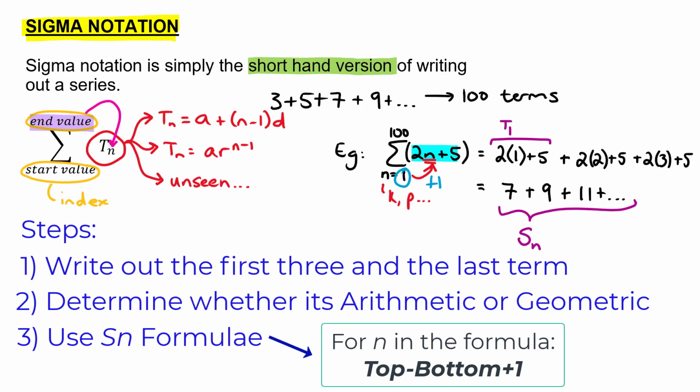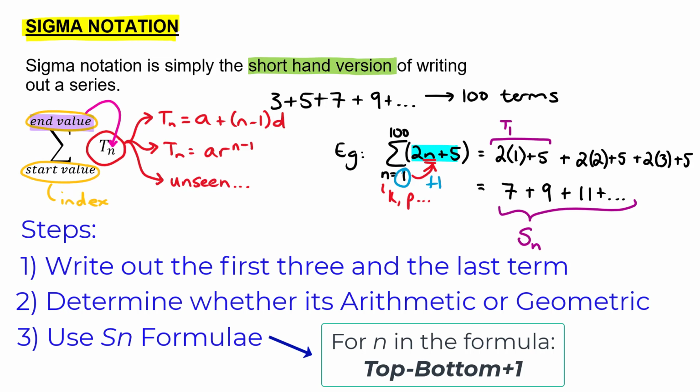That will give you the value n that you're going to use in your formula. And then your last step is just to simplify. So those are generally the steps that we go through when working with sigma notation.